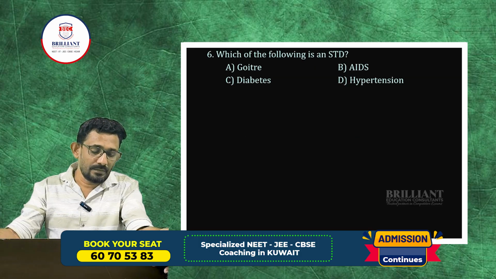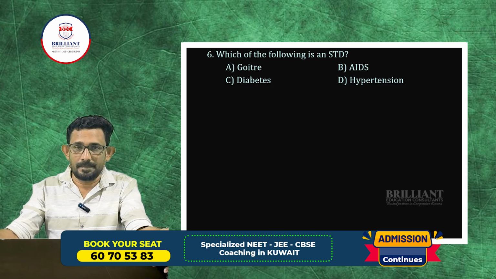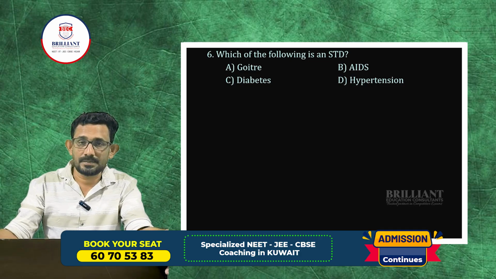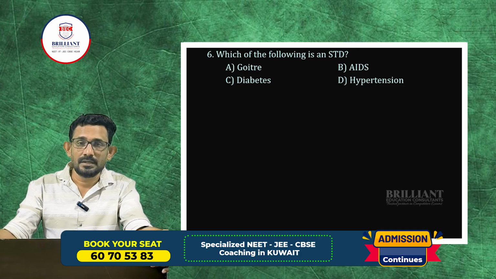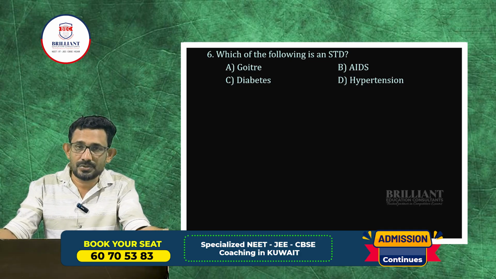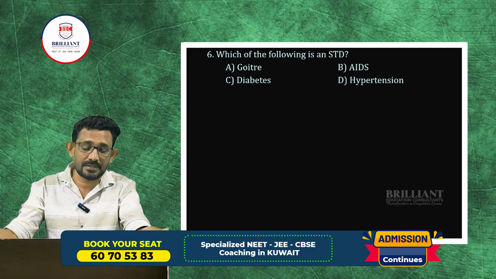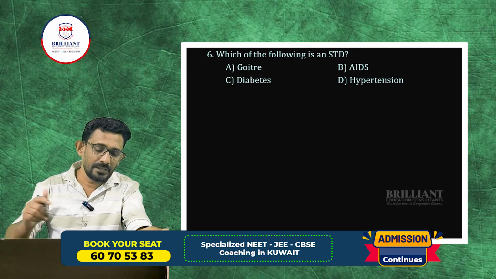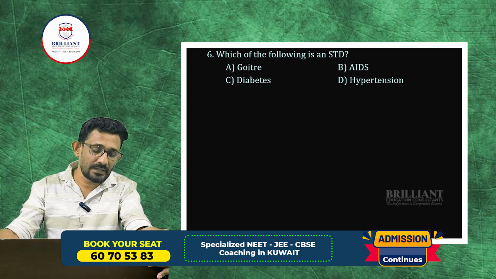Then sixth question, which of the following is an STD? STD means sexually transmitted diseases. These are diseases which are transmitted through sexual contact. But recently WHO changed the term disease into infection. That means instead of STD, now it is called STI, sexually transmitted infections. Here also four options are there: goiter, AIDS, diabetes, hypertension.